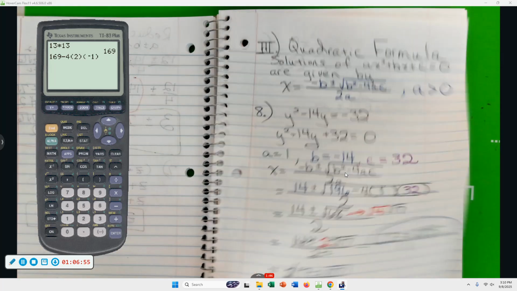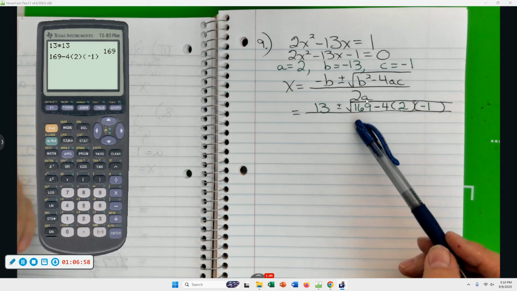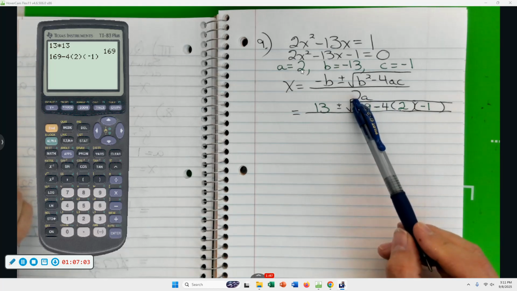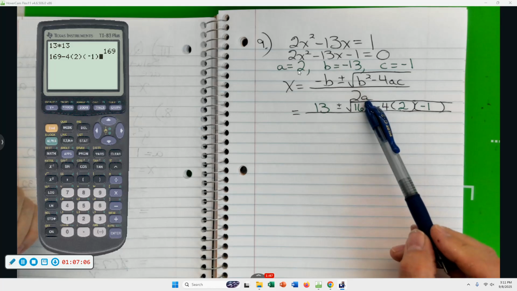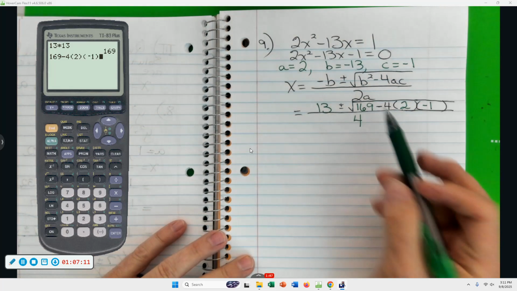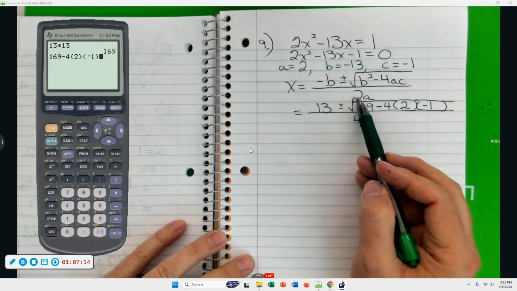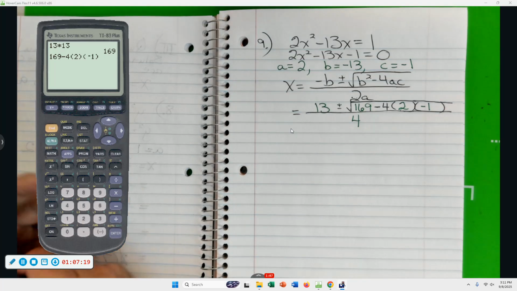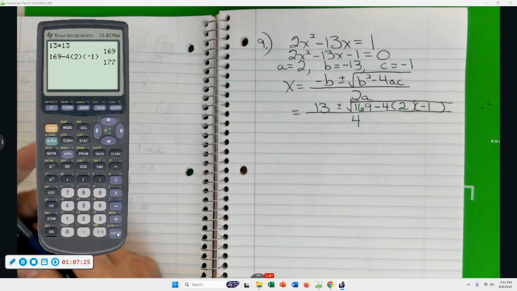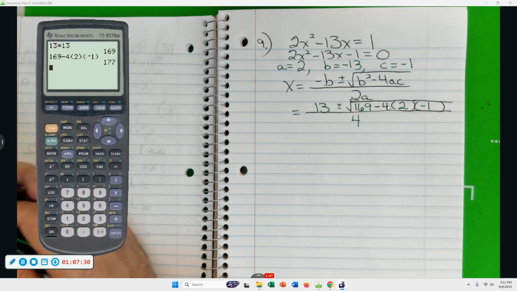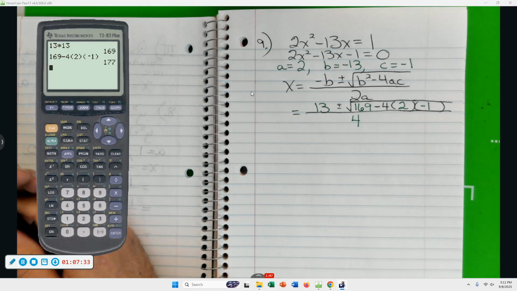Is my denominator going to be a 2 right now? 2 times, what are we going to have to multiply the 2 by? 2. 2 times 2, so I now have a new denominator of 4. 2 times A. 2 times 2 gave me a denominator of 4. That's 169 plus 8. 169, that negative 4 times 2 times negative 1 is a plus 8. So 169 plus 8, is that a 177?